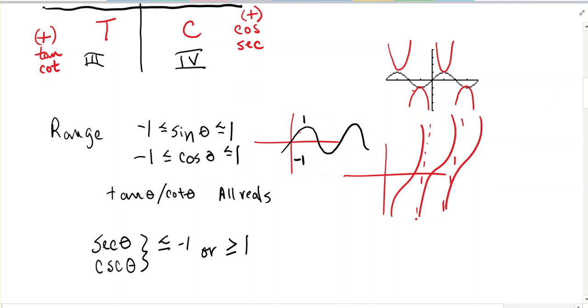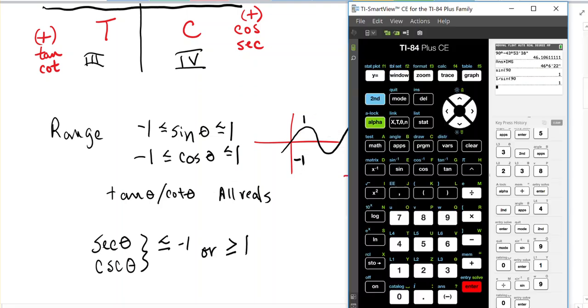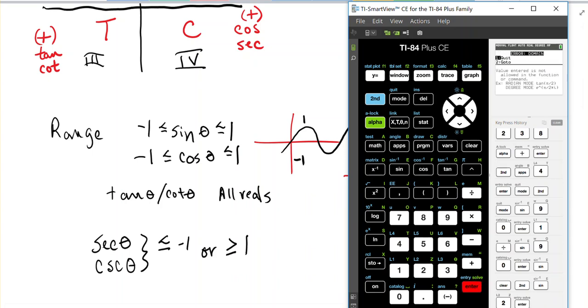If you tried to take the inverse sine of 2, which says what angle has a sine of 2, I should get an error because it can't exist there. So that should show you that.